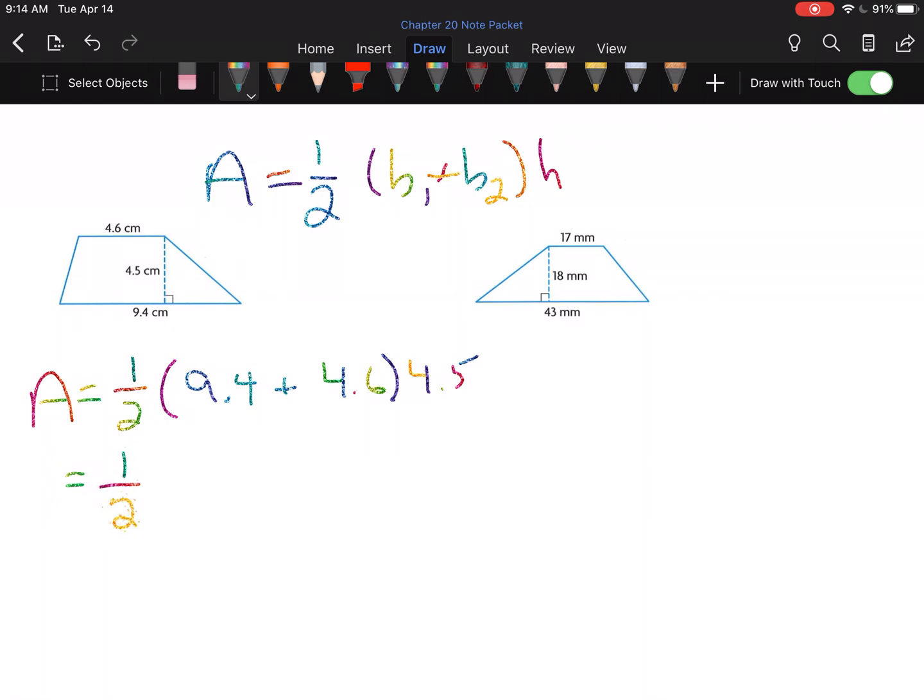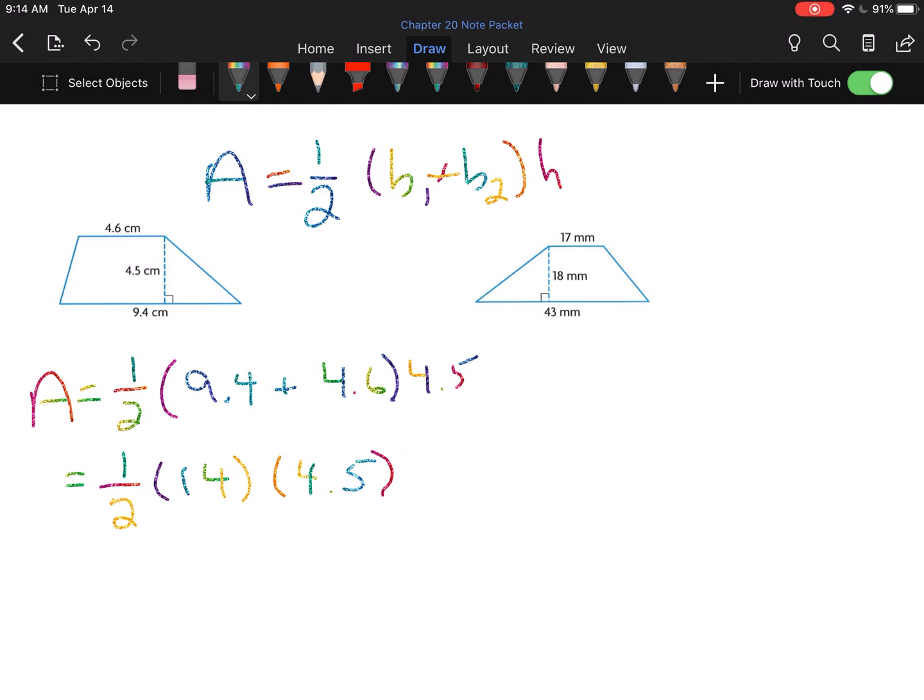Order of operations dictates that we do what's in the parentheses first. 9.4 plus 4.6 is 14. And then the 4.5 in the end.